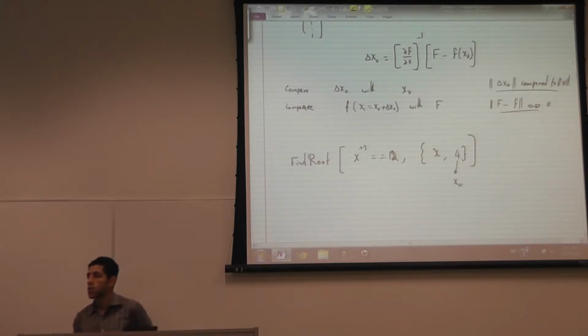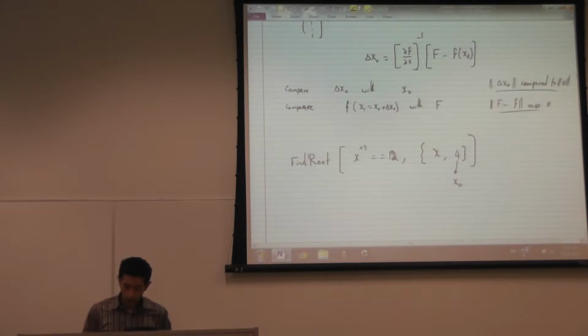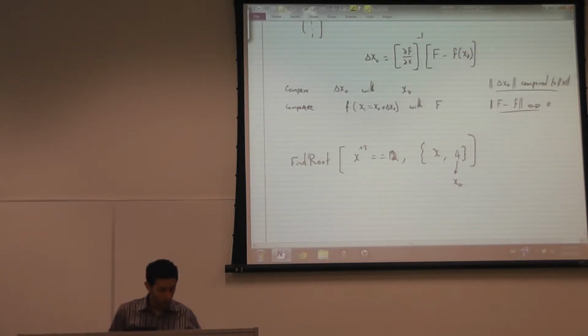Because FindRoot is just the new application of the Newton-Raphson method. And the application of the Newton-Raphson method, I have to give it an initial guess. And so you just put here the initial guess, and the software finds it.